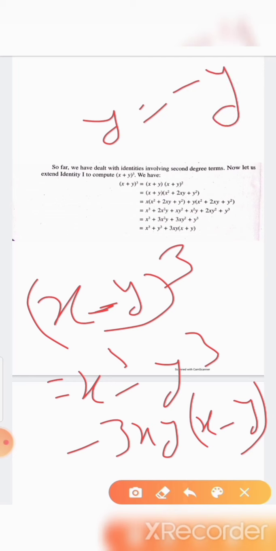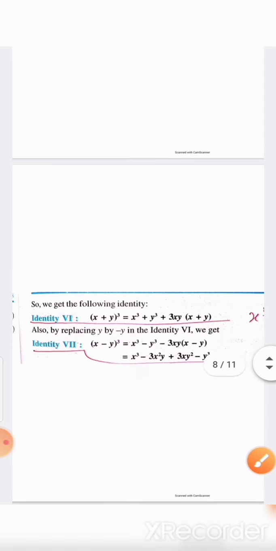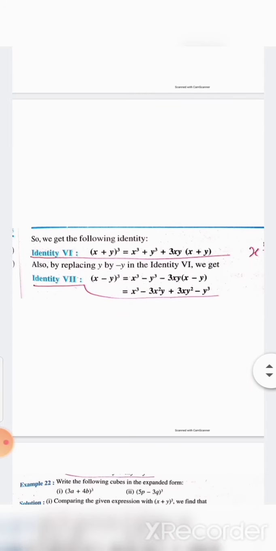We use y equal to minus y in identity number 6, so it becomes the expansion of identity number 7. Here we write how to find identity number 7. Now we solve the sums using this identity.